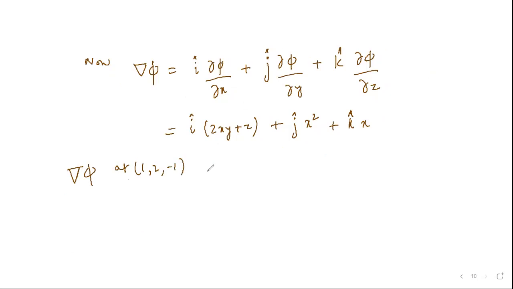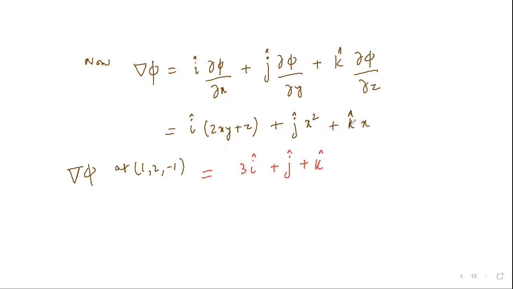The values: x is 1, y is 2, z is minus 1. When you solve it, it will be 3i plus j plus k. These two terms are evident.